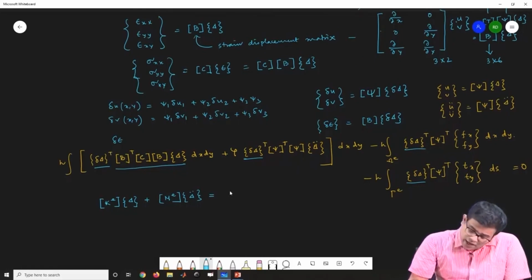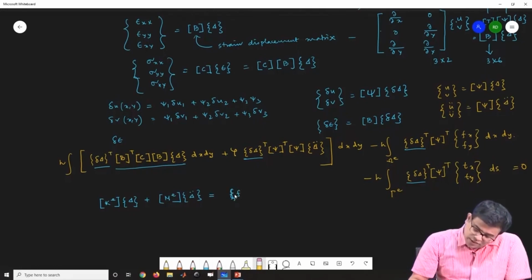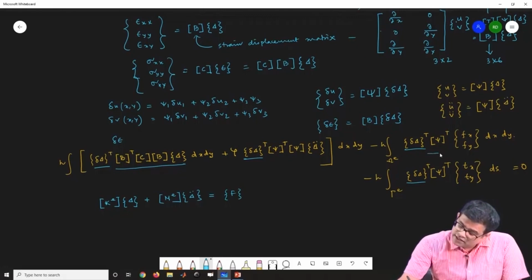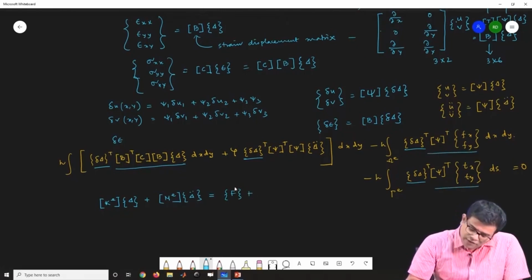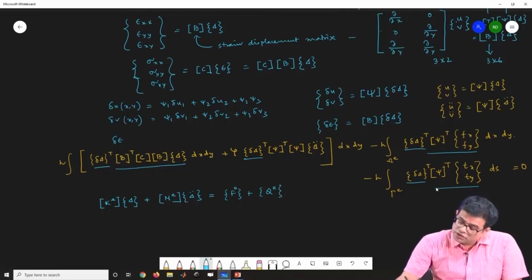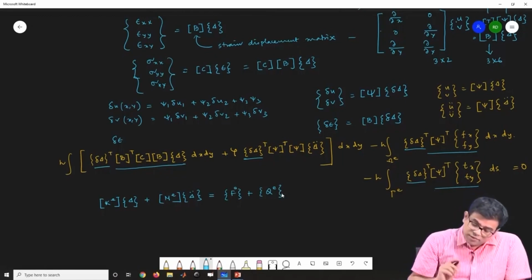so that is equal to, let us say, the F vector. Since I have represented it in capital, let me write it as F. Due to this it is my F, and then again due to this I will have Fe, and then this will have QE that we have observed earlier. So this is my QE. So this is my equation.